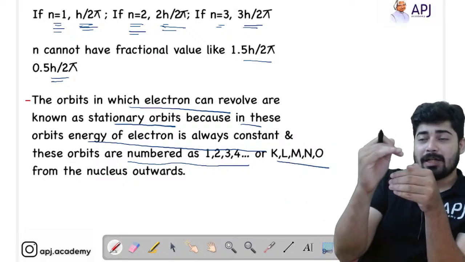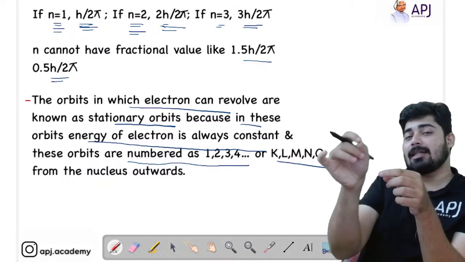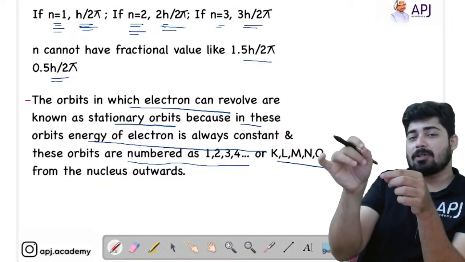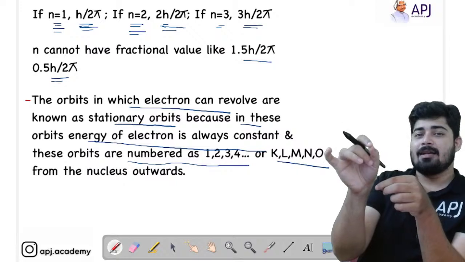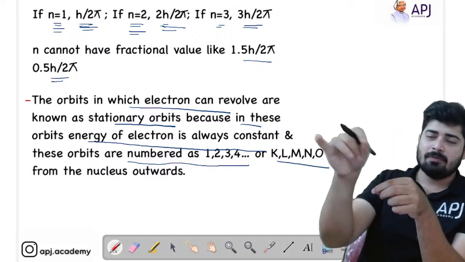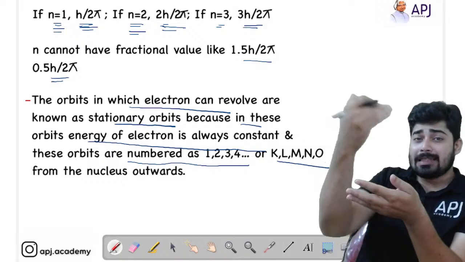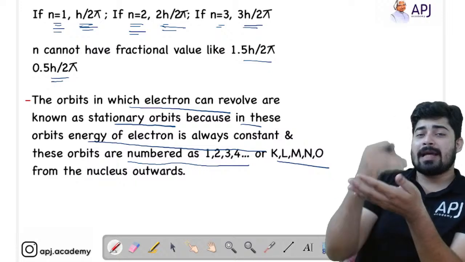So in the first period there is hydrogen and helium, and in hydrogen and helium the electrons are present in the first shell. That means the valence electrons occupy the K shell.